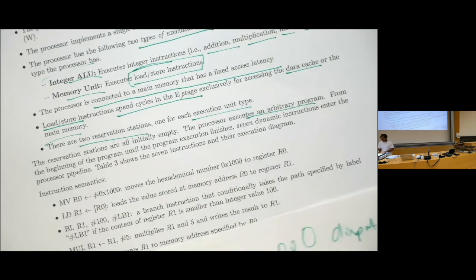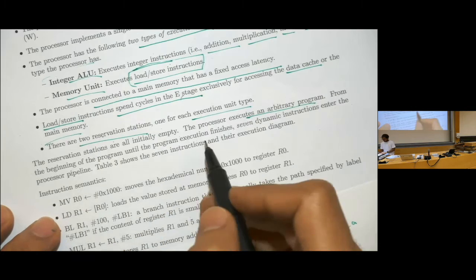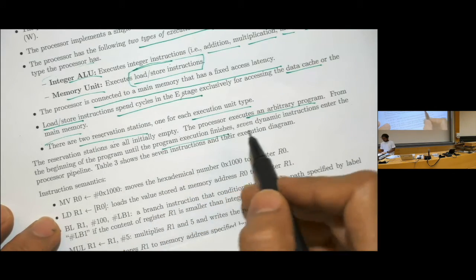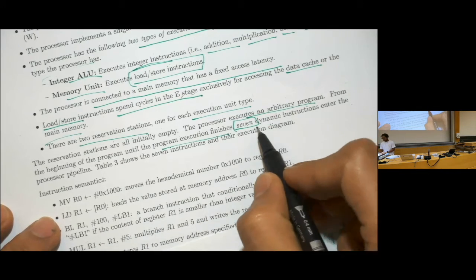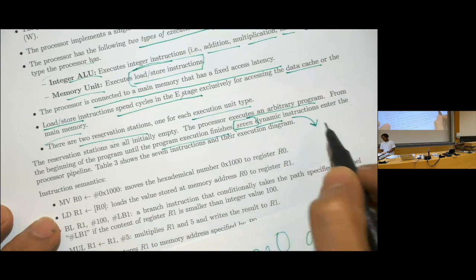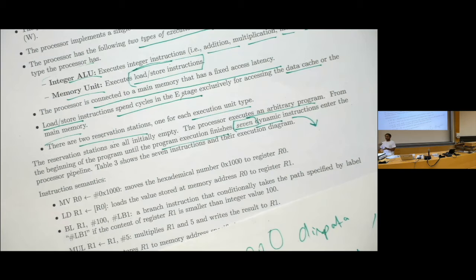So from the beginning of the program until the program execution finishes, 7 dynamic instructions enter the processor pipeline. Notice the word dynamic. That is your hint that these instructions might be scheduled differently. You know, dynamic could be anything. It could be waiting because of loads. It could be branch prediction. It could be Tomasulo.